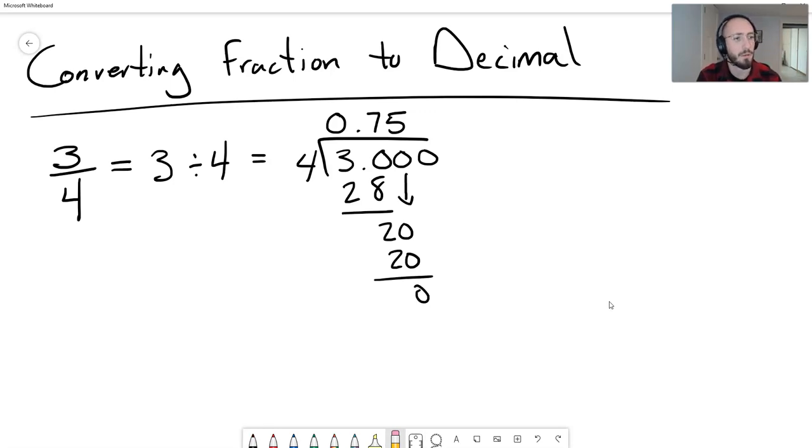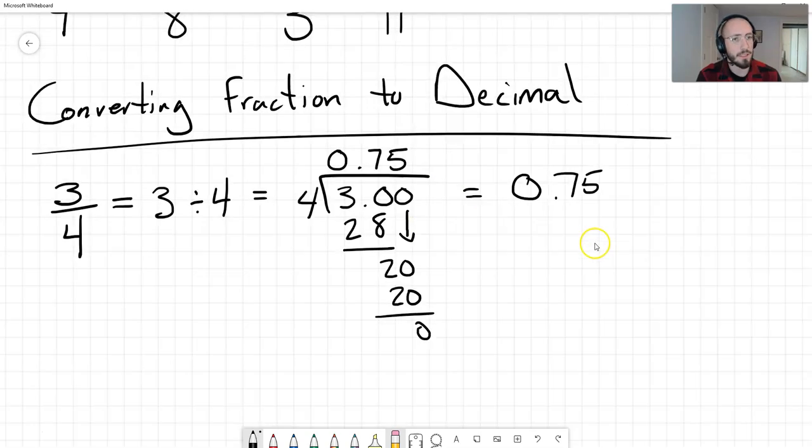We didn't need this last 0 here. So that tells us that the fraction 3/4 is equal to 0.75 in decimal form.